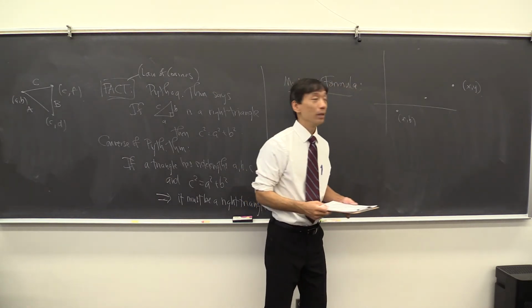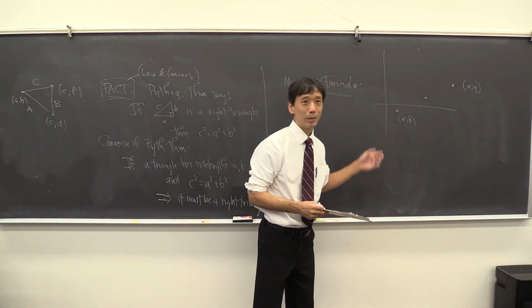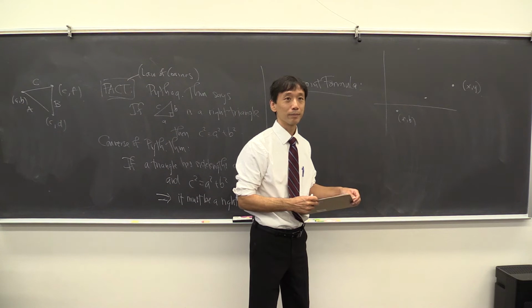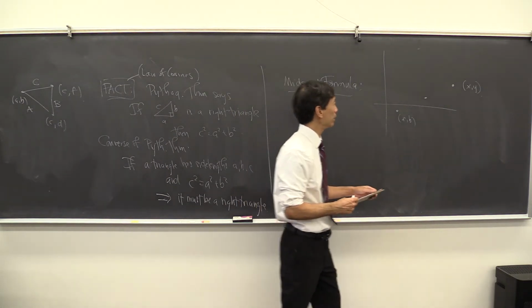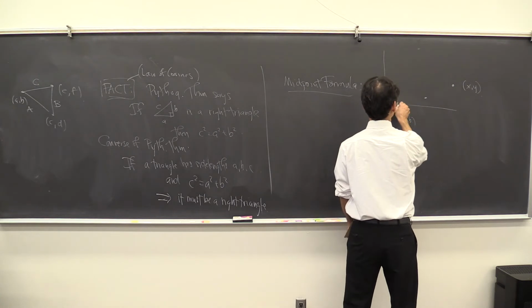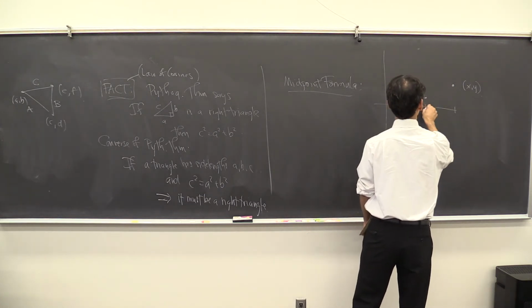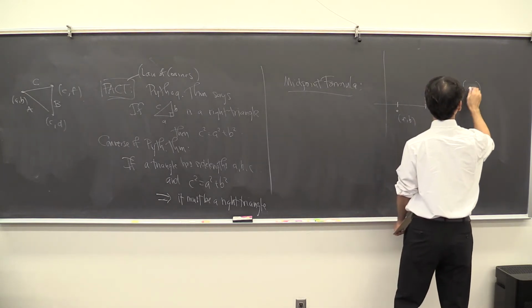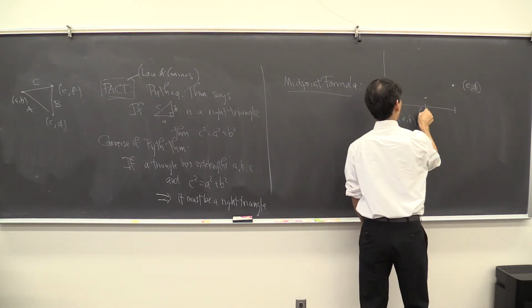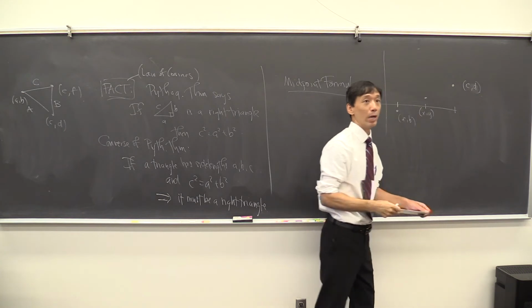What would that formula be? Can you figure it out? Let's call these C and D, say, and let's call the one in the middle x comma y.